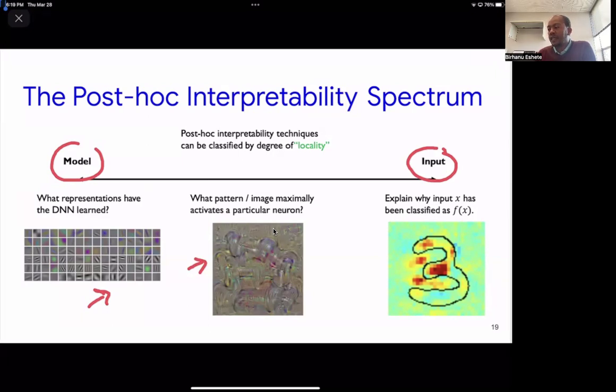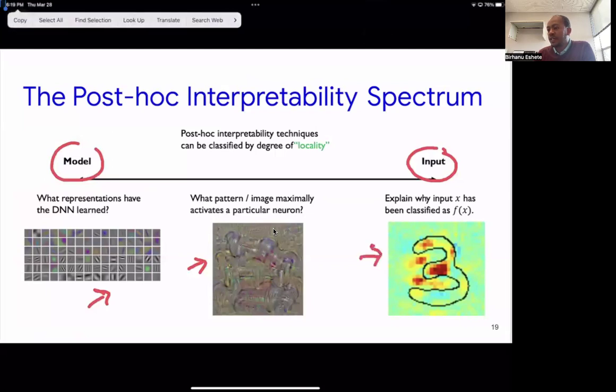And at the input level, we are trying to explain why input X has been classified as, let's say, the number 3 in this case. The red regions of the heat map here show that the pixels highlighted in red, and some in orange, correlate with the prediction that we're looking at. So that's the spectrum.